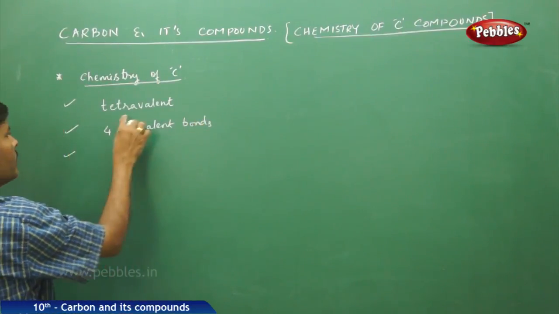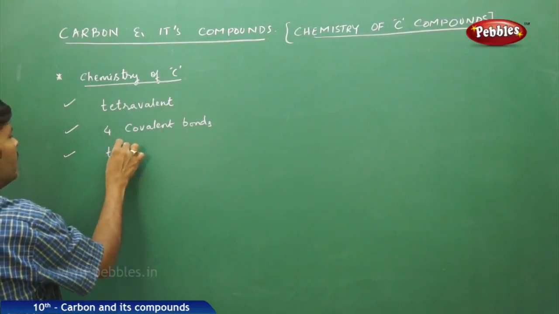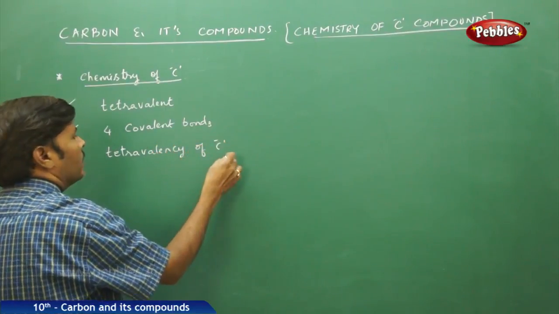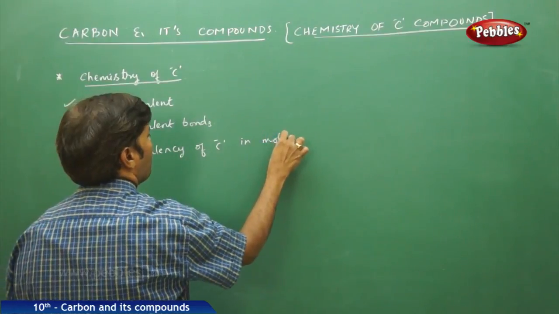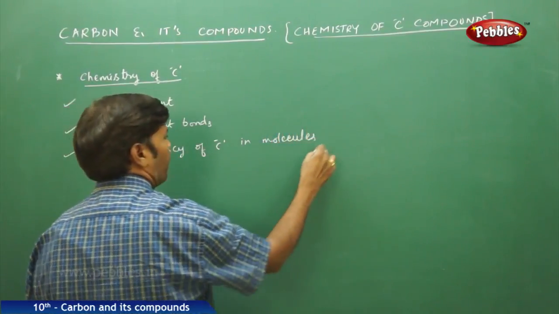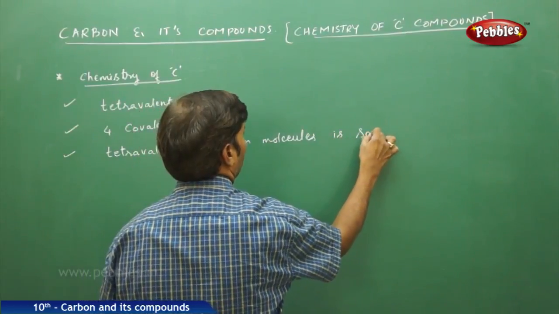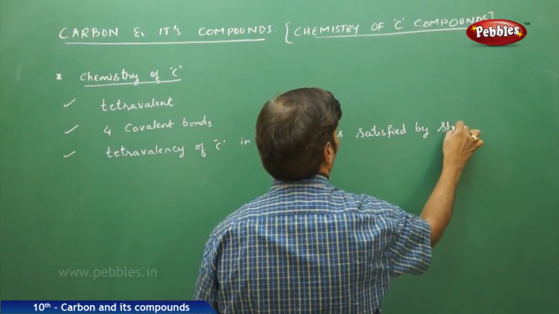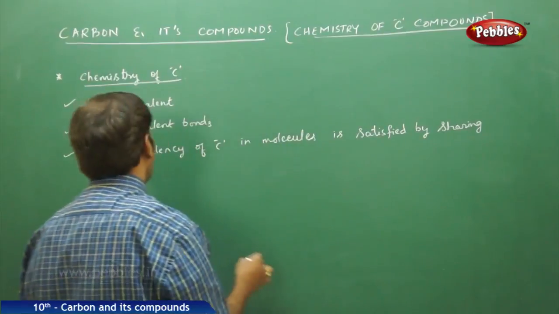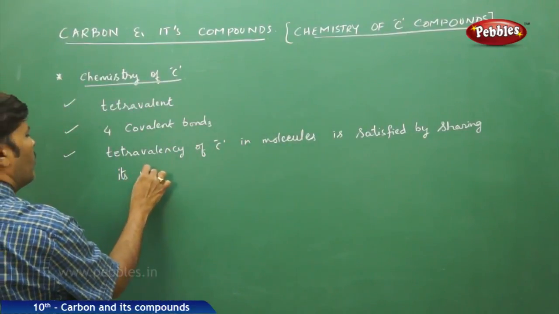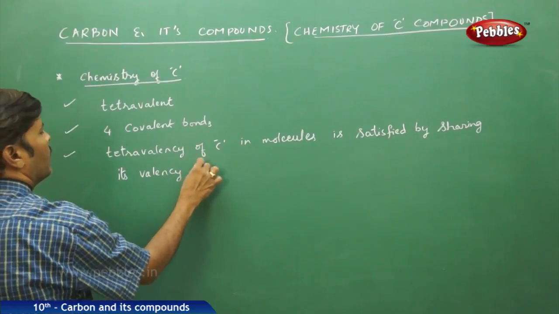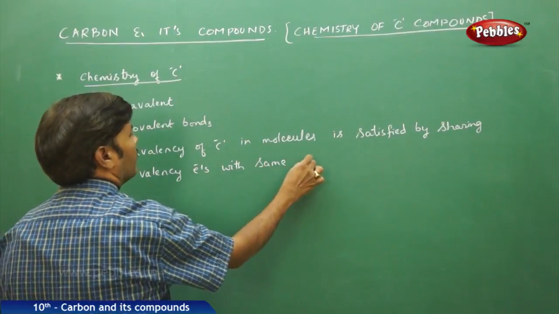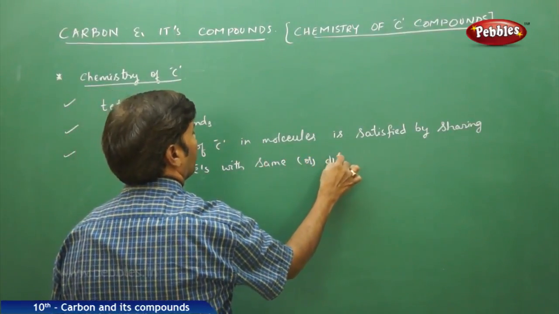To satisfy the tetravalency of carbon in a molecule, it is satisfied by sharing its valence electrons with the same or different atoms.